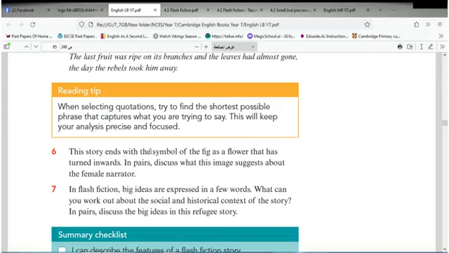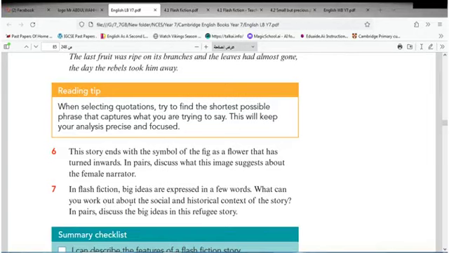The story ends with the symbol of the fig as a flower that has turned inwards. Can you discuss what this image suggests about the female narrator and what do you think about her? Number two, the flash fiction, we have big ideas in a few words.